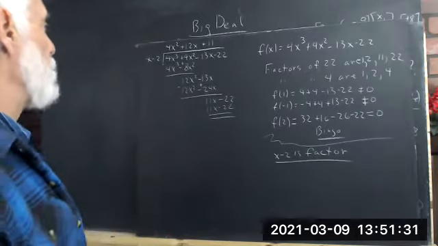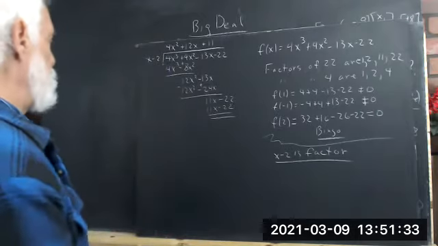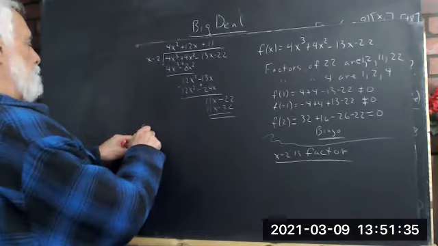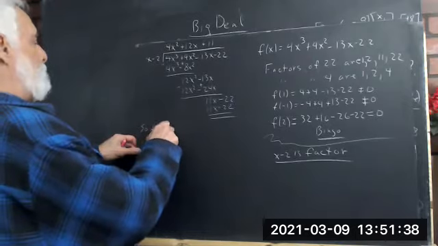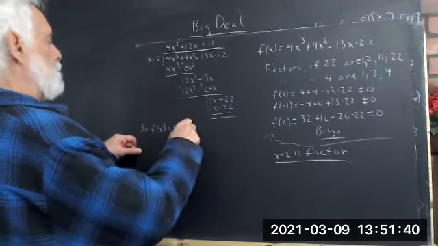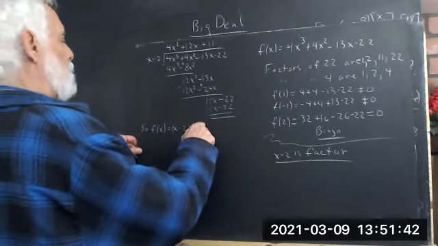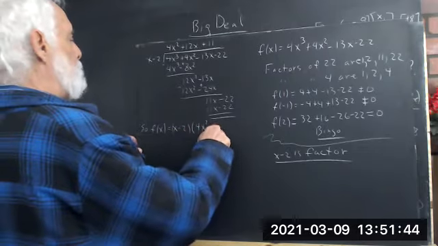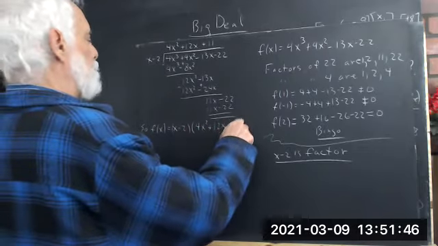Then f of x is x minus 2 multiplied by 4x squared plus 12x plus 11.